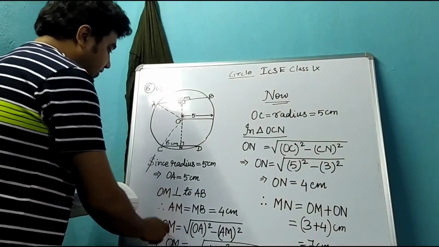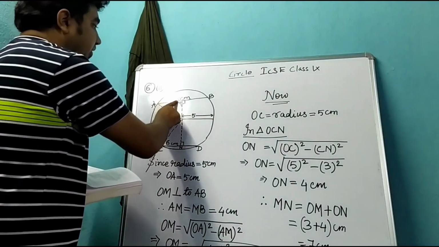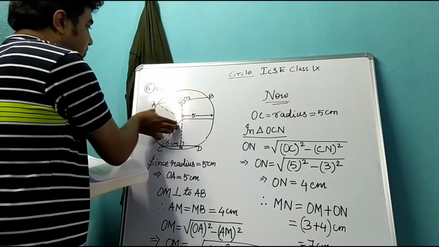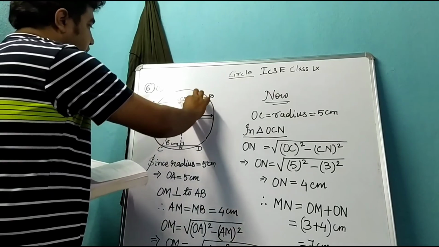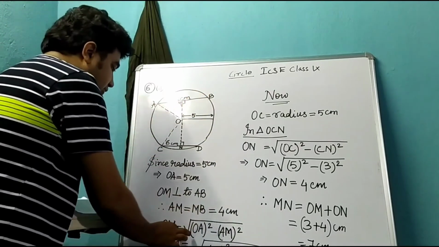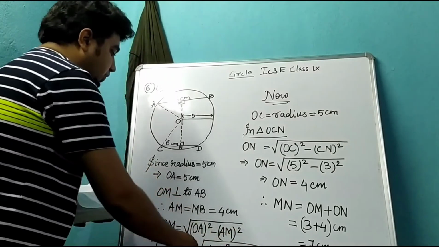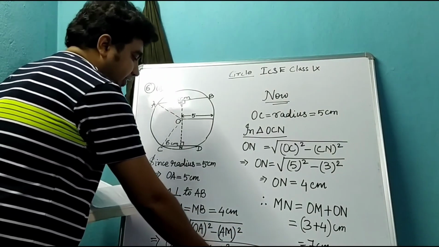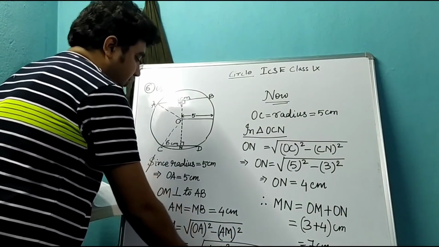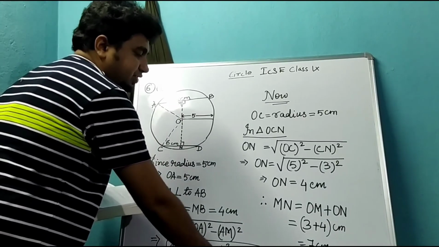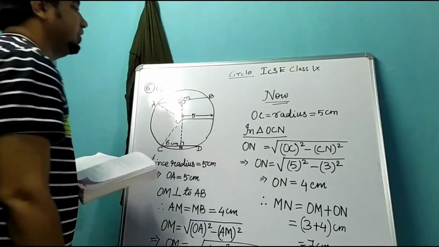As this triangle is a right angle triangle, OM square plus AM square will be equal to OA square. Means we have to find OM. We can write OM square will be equal to OA square minus AM square. OA value is 5 square and AM value is 4 square. 5 square minus 4 square, 25 minus 16, is 3 centimeter we are getting.